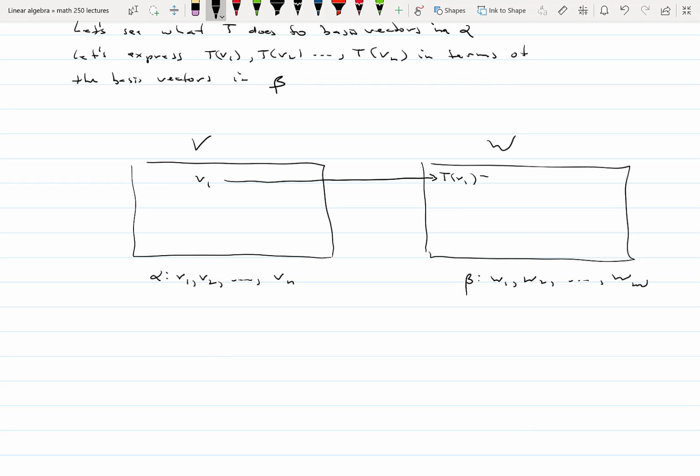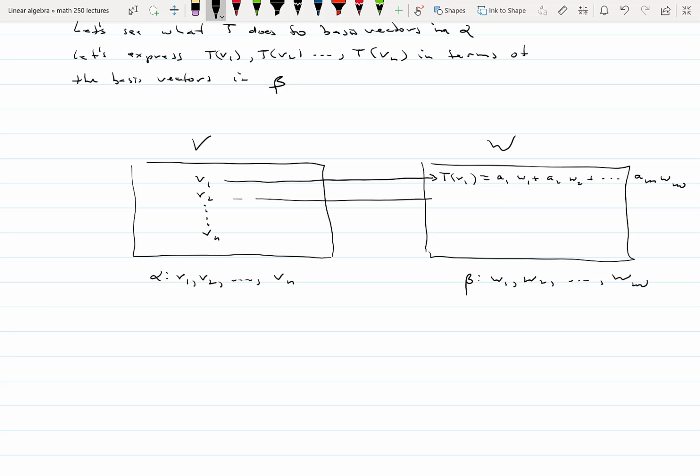So I'm going to write that as some A1 W1 plus A2 W2 plus ... A, what's the subscript? M W M. But I'm going to do that with each of the vectors V1 to Vn.